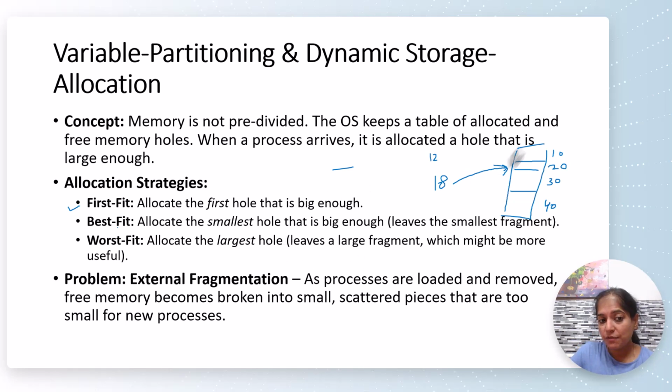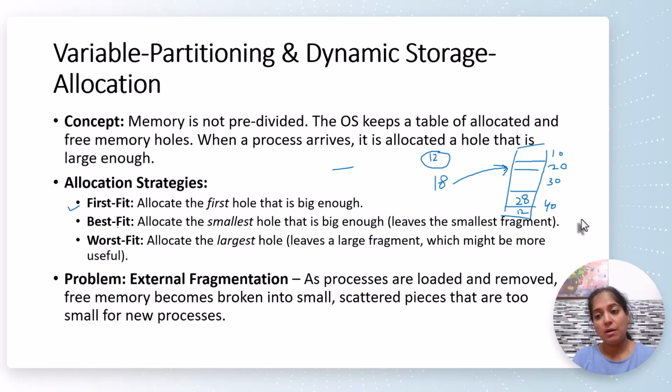But worst fit says put the smallest process in the largest hole. So if I have a process of size 12, I will put it here so that the rest of the 28 can be used to accommodate another process. So it leaves a large fragment which might be used for another process.